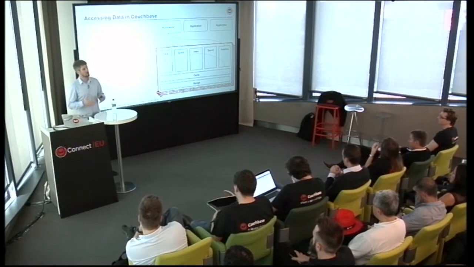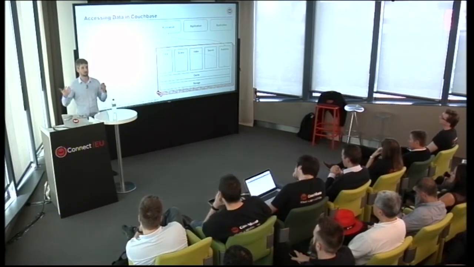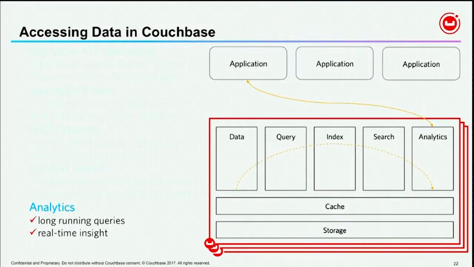What we found was organizations also want to be able to do much longer running, or relatively longer running, ad hoc queries going over the whole or a larger portion of the data set and returning a much larger result set. Not something that you might put in the critical path of your user application, but certainly something that you need from a business intelligence and an analytics perspective.